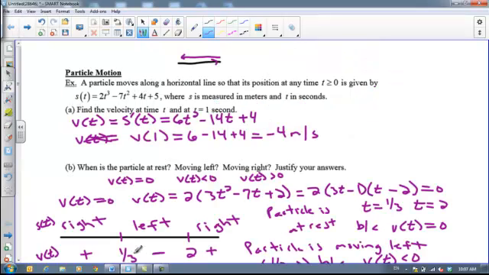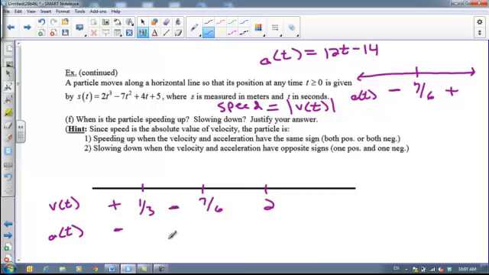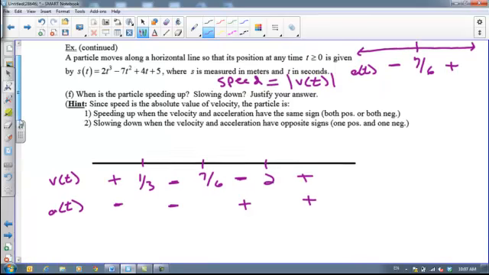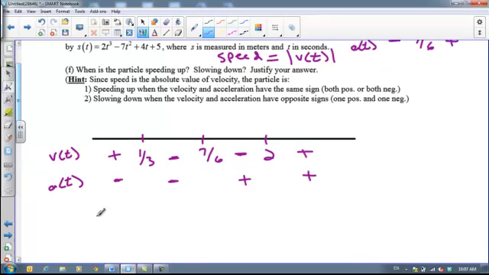My velocity was negative here, and my acceleration on this interval from 1/3 to 7/6 is also still negative because I haven't reached 7/6 yet. Now from 7/6 to 2, my velocity is still negative, but my acceleration has turned positive, and then after 2, they're both positive.